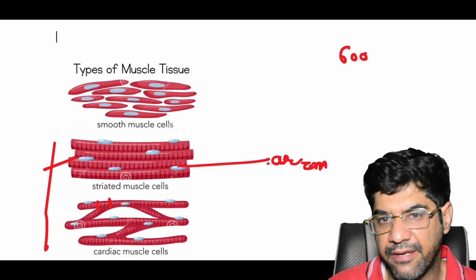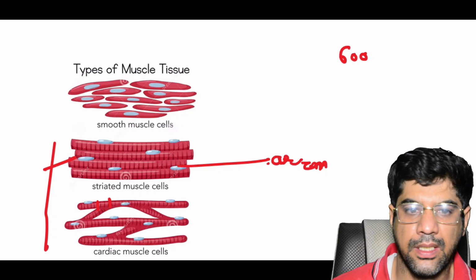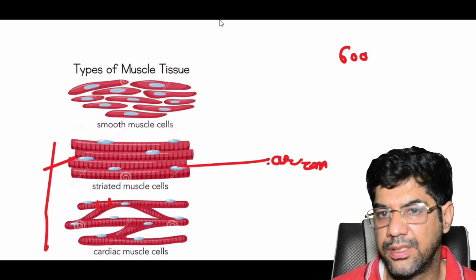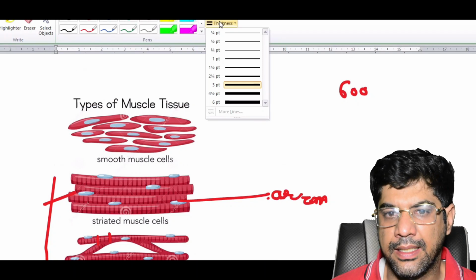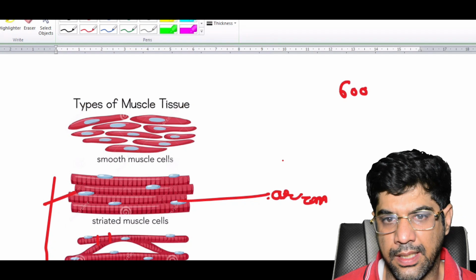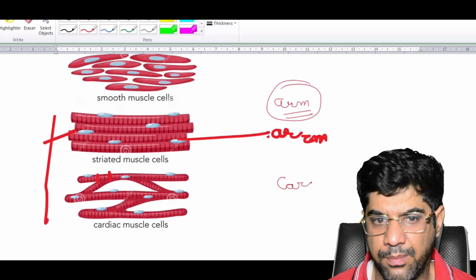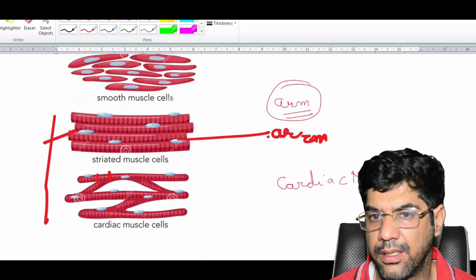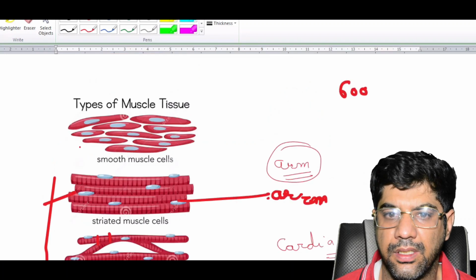Now can anyone give me an example of where you find the striated muscles in the body? They are seen in the arms or the legs and in the heart, that involves the cardiac muscles.